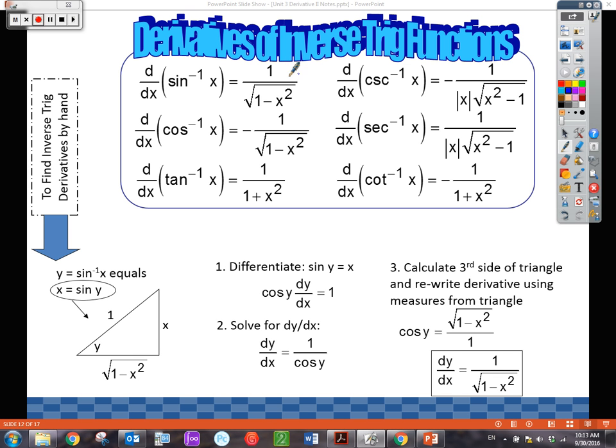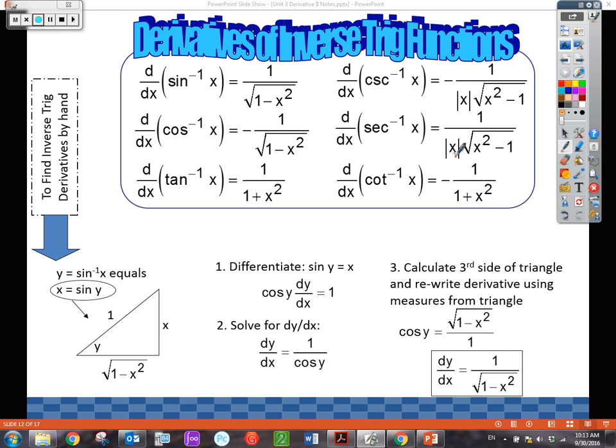Look at arctangent and arc cotangent: their derivatives are exactly the same except for the sign. And lastly, arc cosecant and arc secant derivatives are exactly the same except for the sign. So really we have 3 formulas to memorize, just keeping straight which is positive and which is negative.